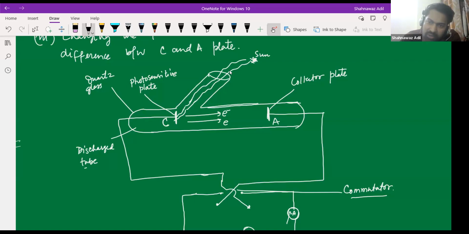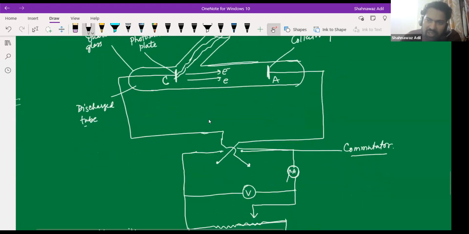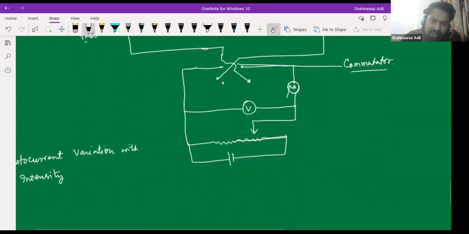So I can change the intensity, I can change the frequency, and what else can I change? Guys, what else can I change? Yeah, I can also change the potential around this plate. So I can change the C and A potential, right? These are the three things I can change.